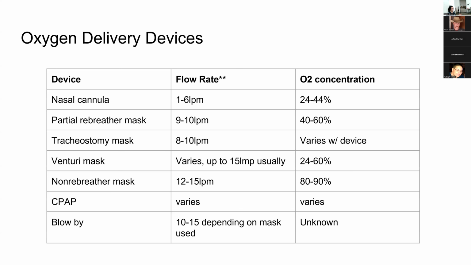So if you have someone on a portable oxygen tank or one that's sticking into the wall, make sure if you're on longer transports, if you're anticipating the patient needs higher oxygen, that it actually goes to how high you want. So when you get into your practice, don't be afraid to look at the different flow meters to understand how to make sure you know how much oxygen is getting through there.